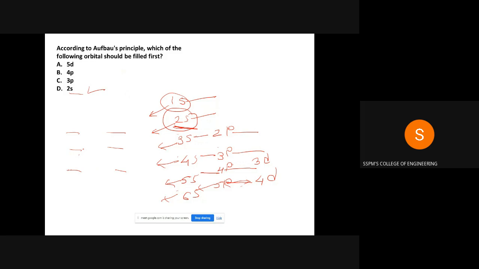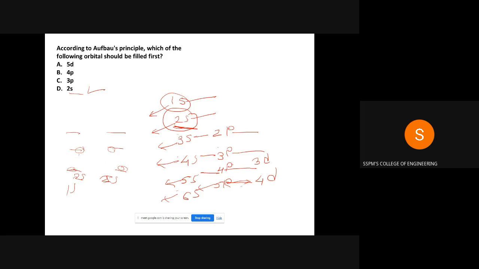So the lowest energy orbital should fill first, then the higher ones. So 1s, then 2s, then 3s, then 2p, then 4s, then 3p.